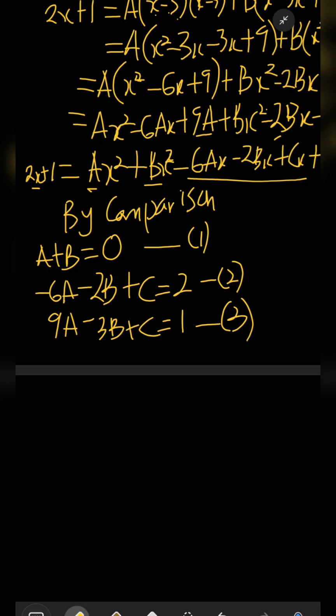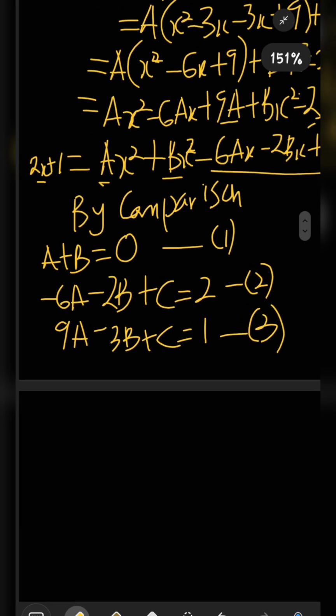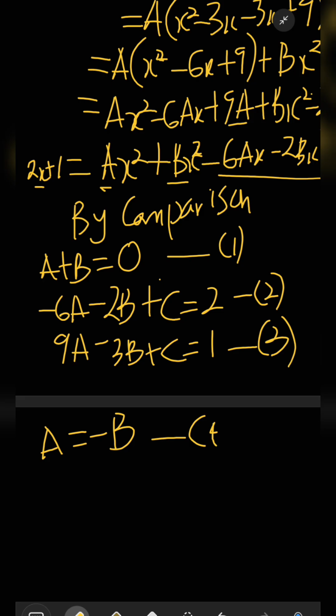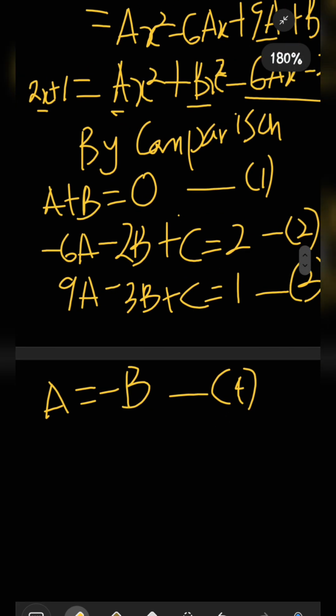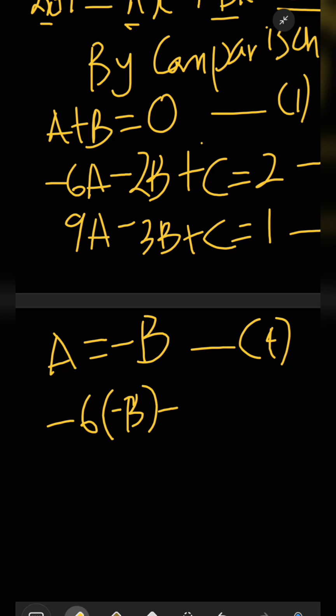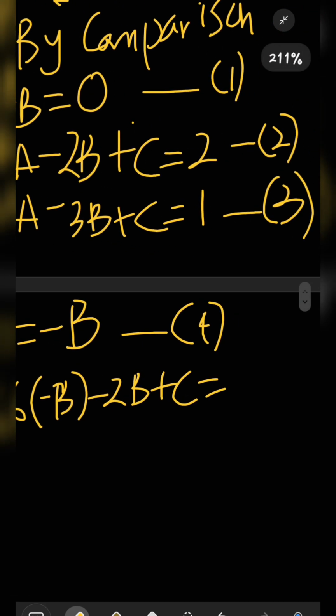So from equation 1, since A plus B is equal to 0, that means A is equal to minus B if we take B to the other side. Let's call this equation 4. So putting equation 4 into equation 2, we have minus 6 into minus B minus 2B plus C is equal to 2.